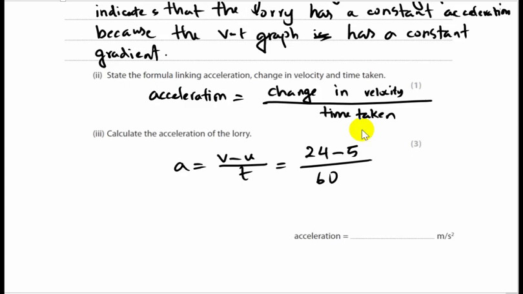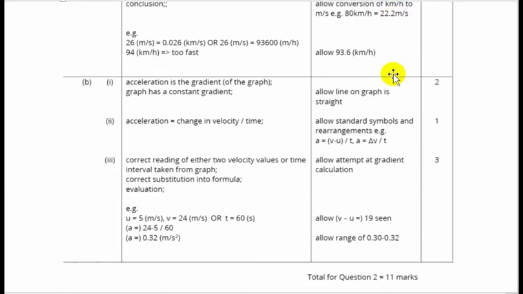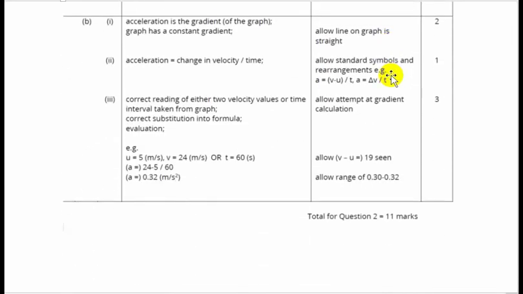Acceleration is 0.3166 per second square. So here 0.32 meter per second square is the acceleration.